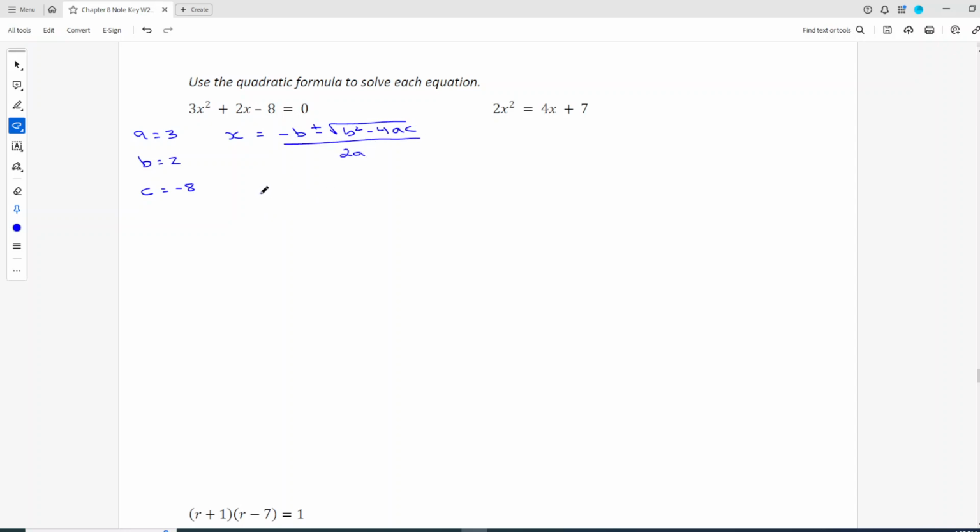Then start plugging in. Negative 2 plus or minus the square root of 2 squared minus 4 times 3 is a, negative 8 is c, all over 2 times 3. Okay, now simplify.